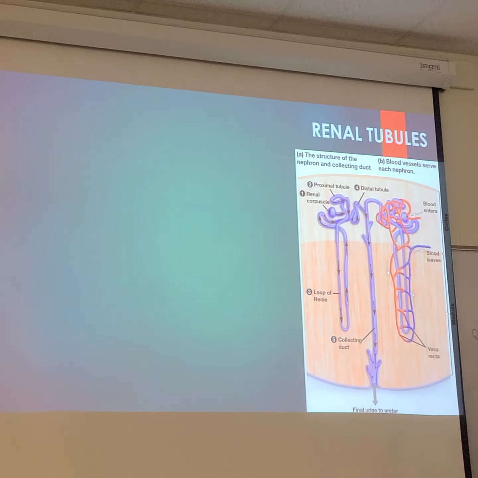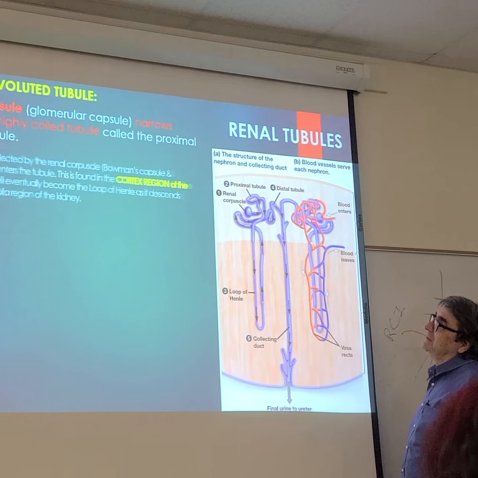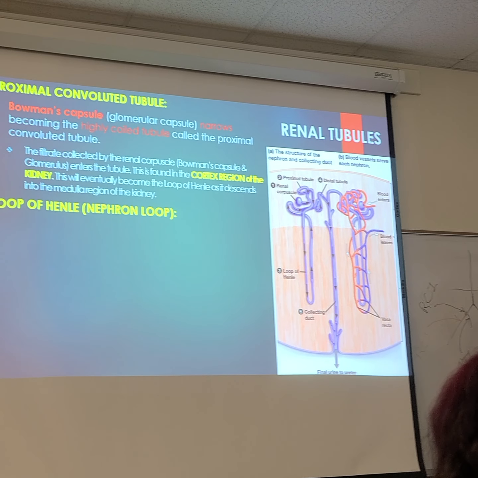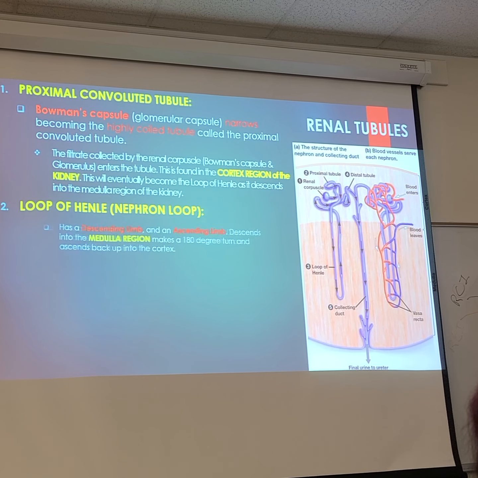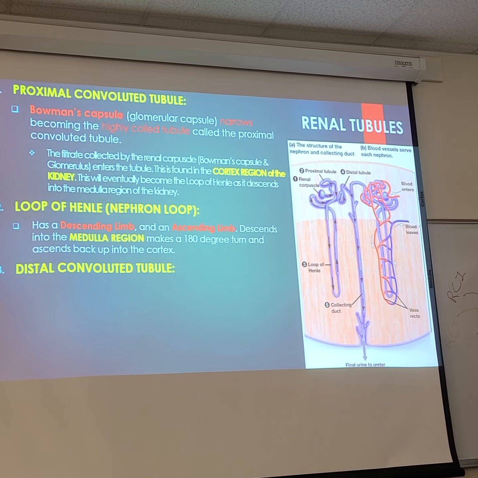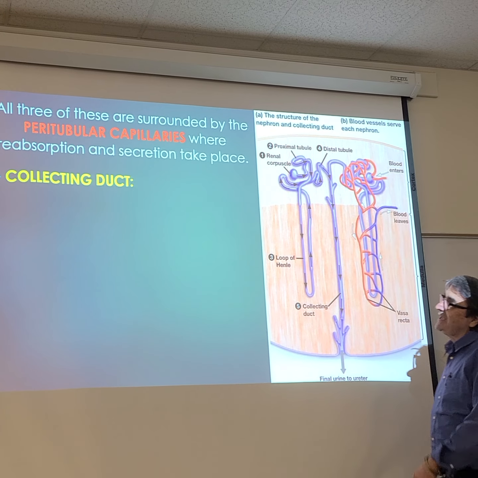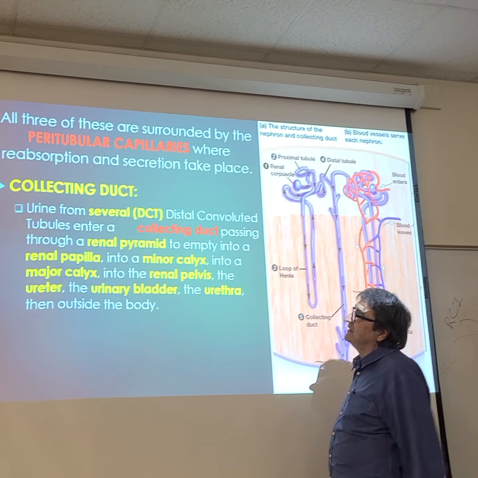Okay. Then we got the nephron model, and that's the middle one on that green board. So on that, you need to know the renal corpuscles. You need to know the tubes, proximal convoluted tubule, loop of Henle, distal convoluted tubule. And then when that's done, the peritubular capillaries are on there and the collecting duct.